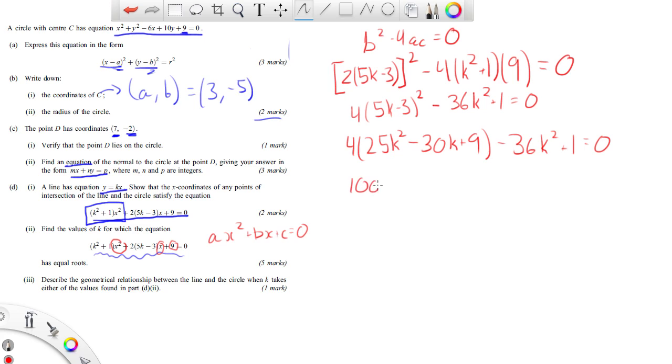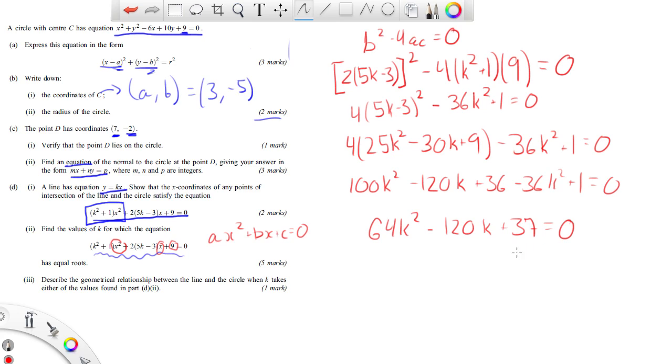Distribute the 4, so that's 100k squared minus 120k plus 36 minus 36k squared plus 1 is equal to 0. Okay, so 64k squared minus 120k plus 37 is equal to 0.